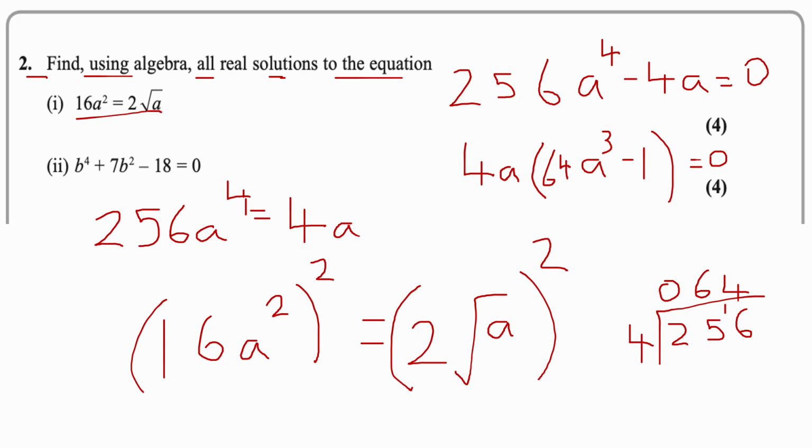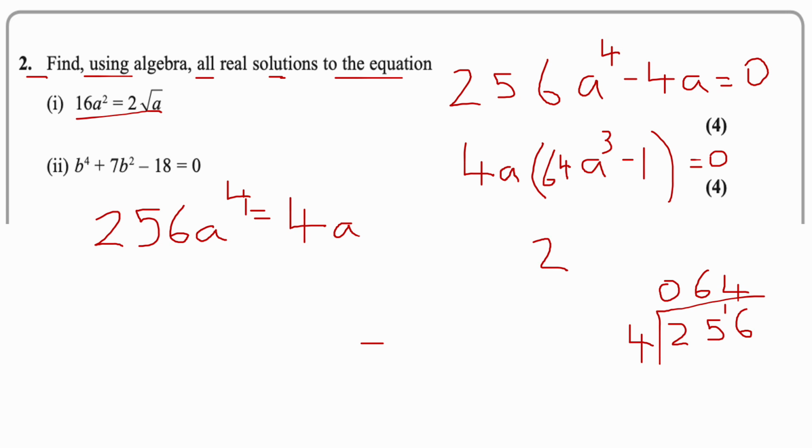So solving this equation, let's delete this now that we've worked out that bit. Solving this bracket equation, either 4a is equal to 0 or 64a cubed take away 1 is equal to 0. Oh, it should be a 0, guys, I apologise.